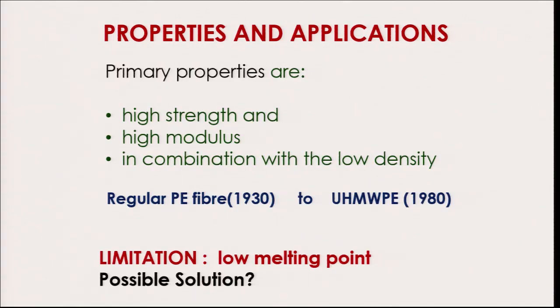Now, although the mechanical properties of polyethylene are excellent on a weight basis as well, it has one limitation, that is the melting point. The melting point of polyethylene is low, and this is one thing which we cannot do anything about, because it is an intrinsic property of the polymer. If you remember, we said we needed a flexible polymer with an inert chain, that means no interchain interaction.